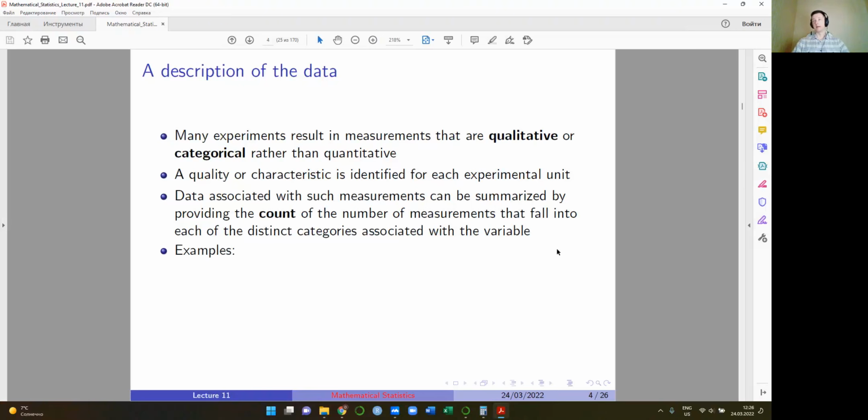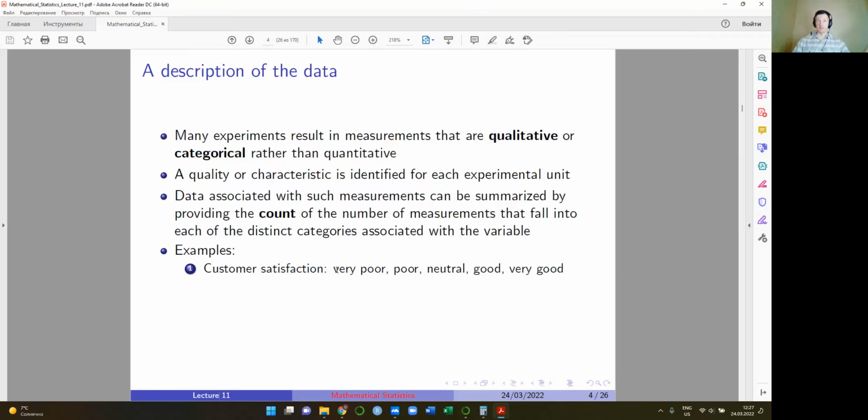So let's see some examples to understand what we are talking about. Customer satisfaction. You randomly select 100 customers visiting your supermarket, and then you ask them how satisfied they are with the service of the supermarket. And then they give you some answer: very poor, poor, neutral, good, very good.